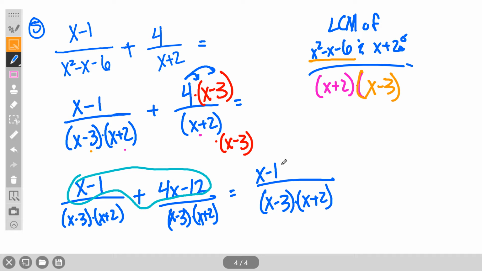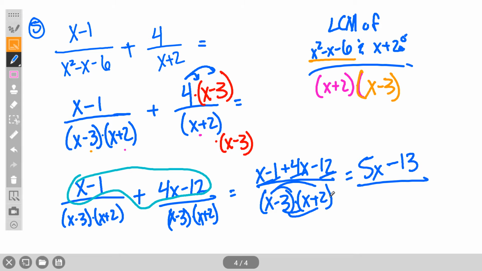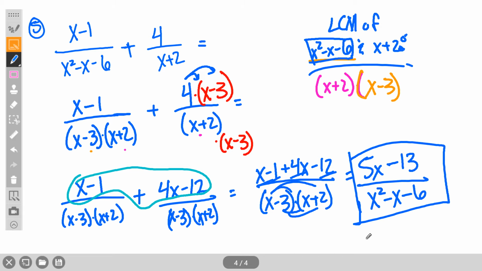So I got x minus 1 plus 4x minus 12. Combine the like terms: x and 4x, that's 5x. Negative 1 and negative 12, that's negative 13. Then put the denominator back in standard form, which you can do by distributing. But remember, we already know x plus 2 times x minus 3 is x squared minus x minus 6. So I'll just write that. No need in doing more work than I have to. And this will be the sum of those two fractions in simplest form.